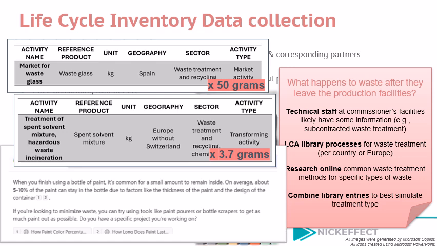And based on these results that I found using AI, 5 to 10% of the total amount of silver paste might get stuck on the glass. So then I decided to model my waste treatment process like this. So we have the 50 grams of the glass itself, but also a certain weight of, well, in this case I used as a proxy a hazardous spent solvent mixture to simulate the silver paste.